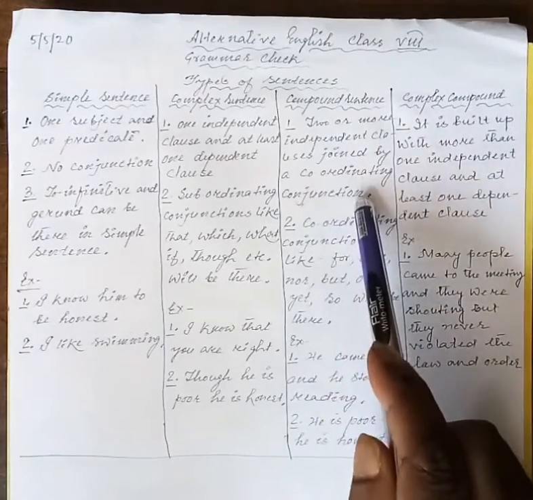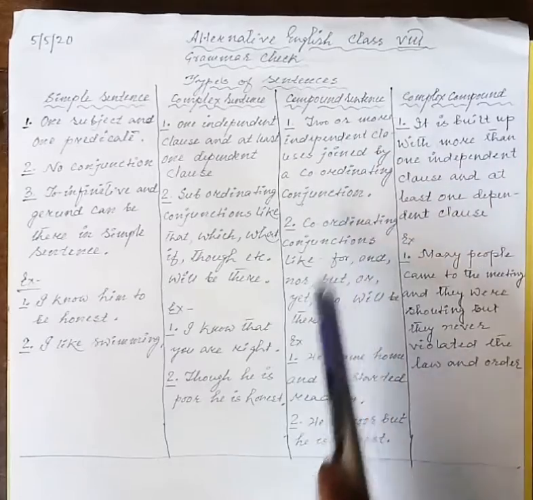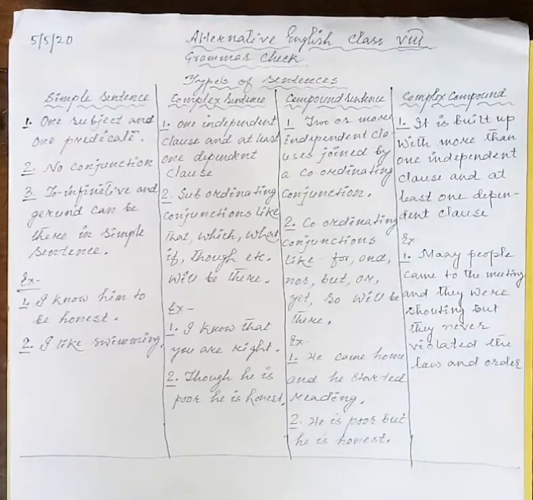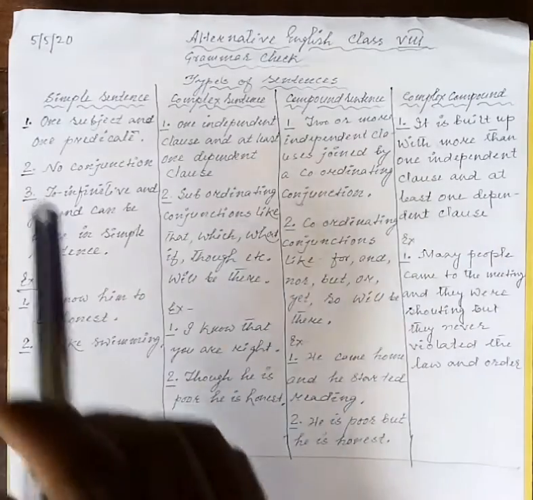And there must be something in a compound sentence, by following which we can say that this is a compound sentence. And complex compound, the name suggests that there will be elements of complex and compound sentences both. So let us now try to find out what we will find in the different types of sentences.